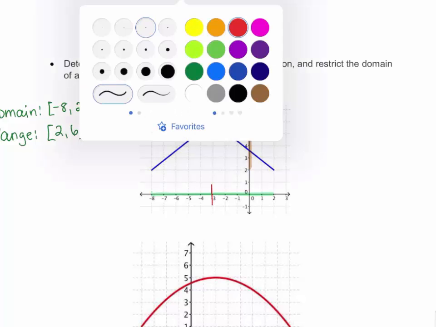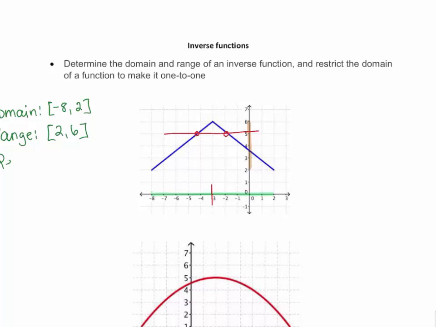So what is our restricted domain? Restricted domain for this function would be what? We go from -8 to -3. That's one part, the left branch of this upside down V, right?